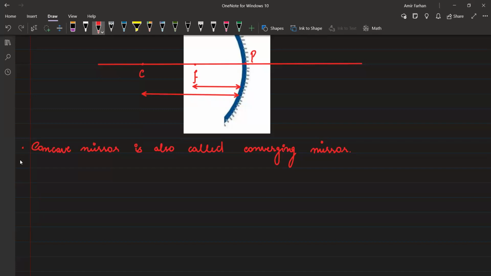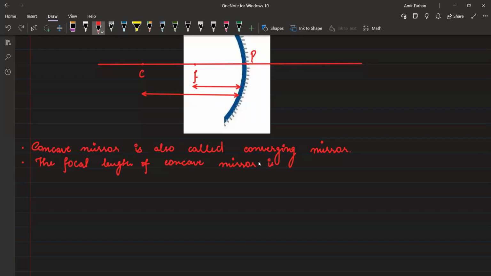Next is the focal length of the mirror is negative.